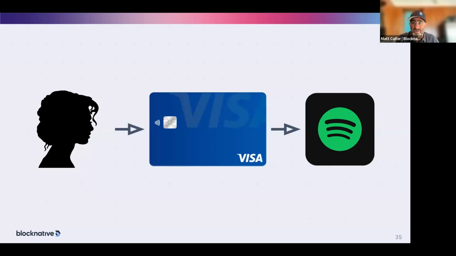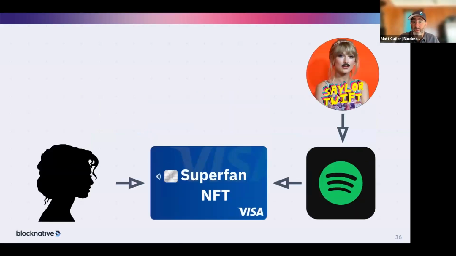All you need to do is show up at the Sailor Twift venue and show your Visa credentials, right? And so maybe she shows her physical card, or maybe she shows it via her mobile device, and boom, you can verify that the NFT is there. You can verify that she owns it, and you can give her access to a differentiated experience.